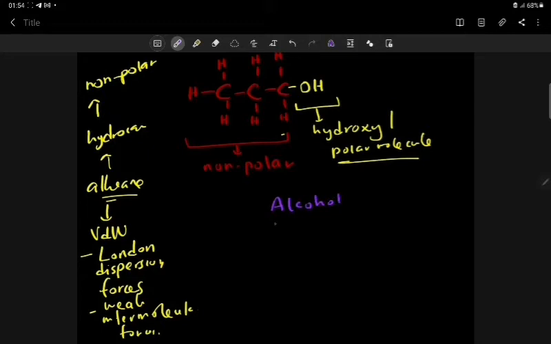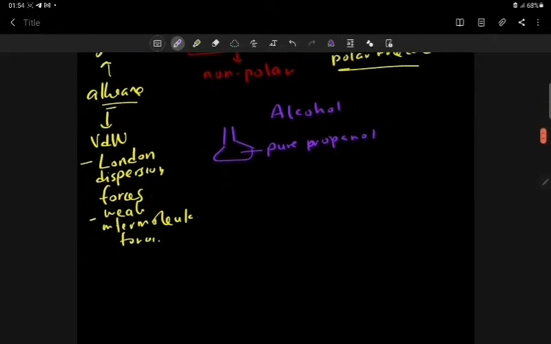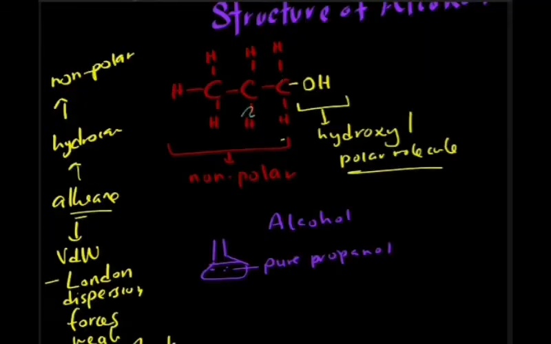For example, inside this conical flask you have pure propanol. We will look at the interaction between the molecules of propanol inside the flask. An important thing to note is that the alkyl chain part, or just the R chain, is slightly positive, and the hydroxyl part is slightly negative because of the electronegative oxygen there.